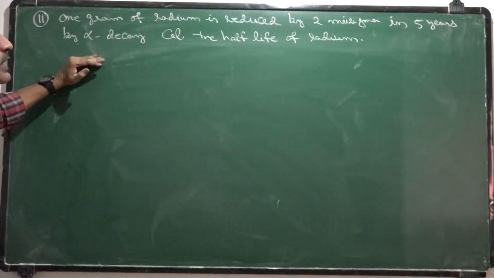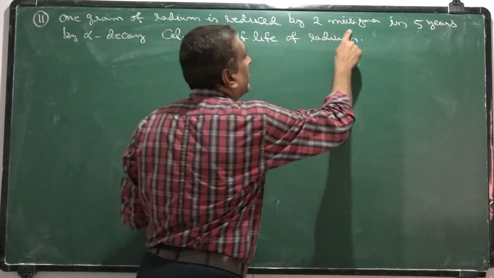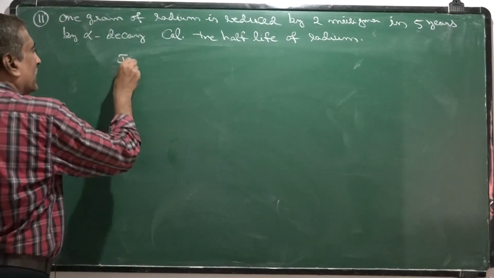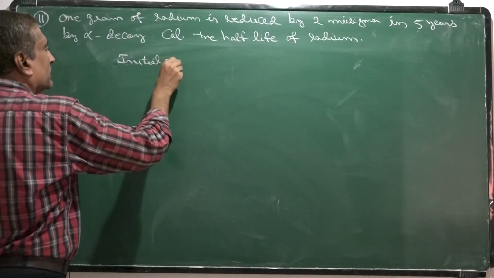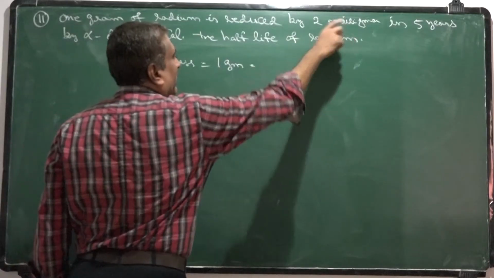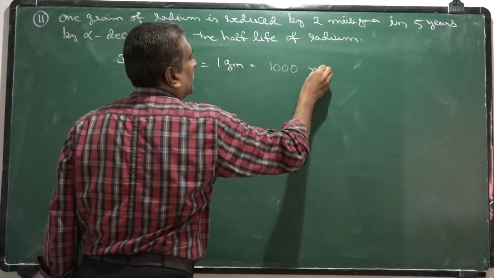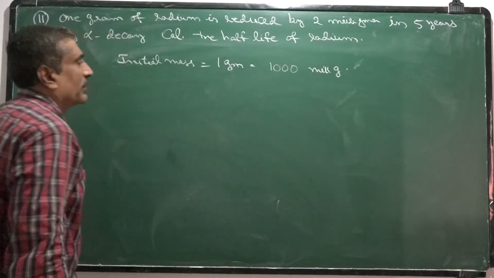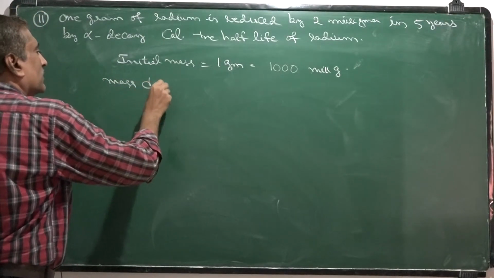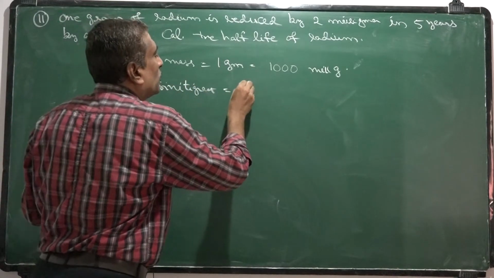That means, given that in 5 years 2 milligram of radium is disintegrated. So now we write it as initial mass is equal to 1 gram. As the disintegrated mass is in milligram, we write this also in milligram, that is 1000 milligram. Okay. Now mass disintegrated is equal to 2 milligram.